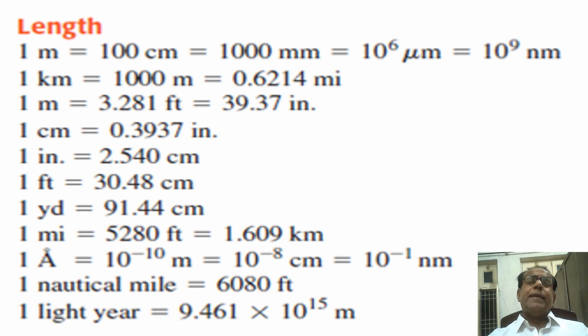Dear students, the additional thing here is that in the last line, 1 light year is equal to 9.461 into 10 raised to the power 15 meter is given, which was used in this problem. And many more conversion factors are also given.